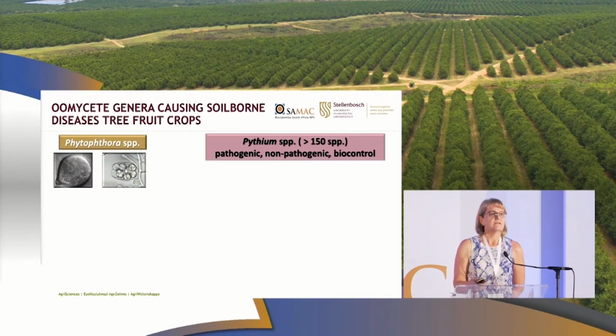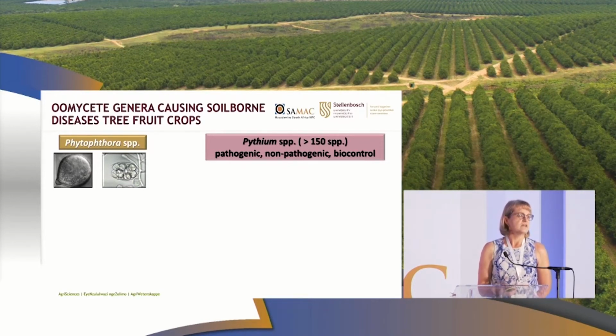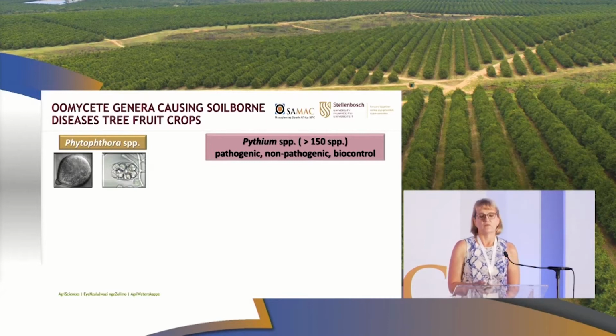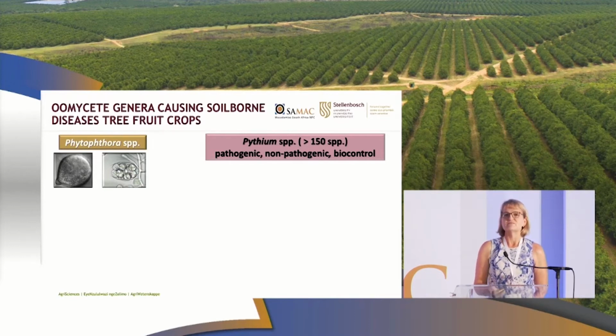So if we look at the different oomycetes that are known to be damaging to tree fruit crops, that is Phytophthora as a genus, but also Pythium. So Pythium previously was a very large genus with more than 150 species and a lot of difficult names, but in practice it means that some of them were pathogenic, some non-pathogenic, and some can even serve as biocontrol agents.